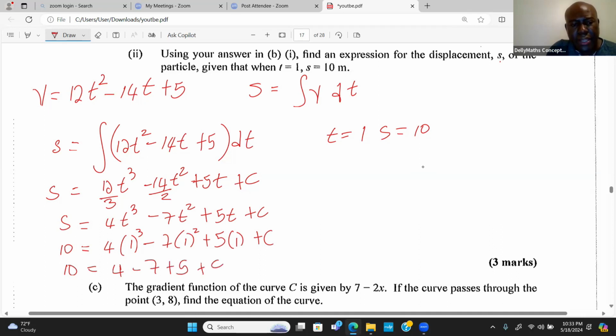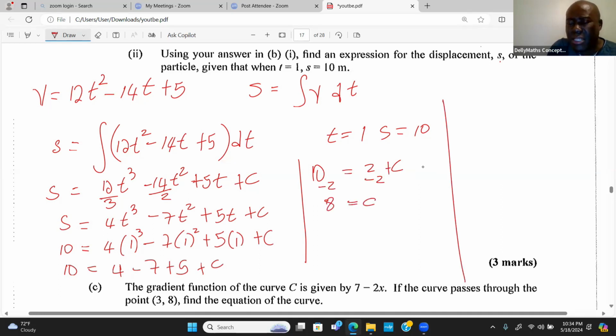So 4 minus 7 is negative 3, and this is positive 2. So 10 is equal to 2 plus c. You want to take away 2 from both sides. You're going to have 8 is equal to c.